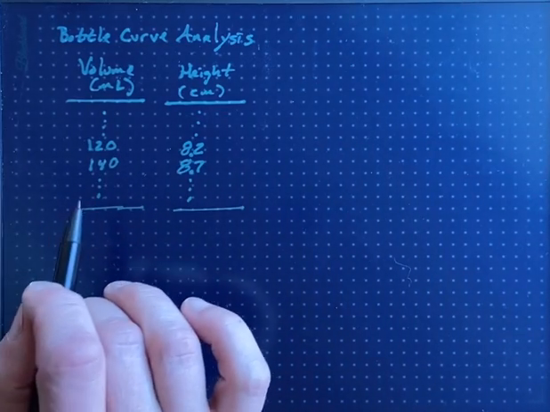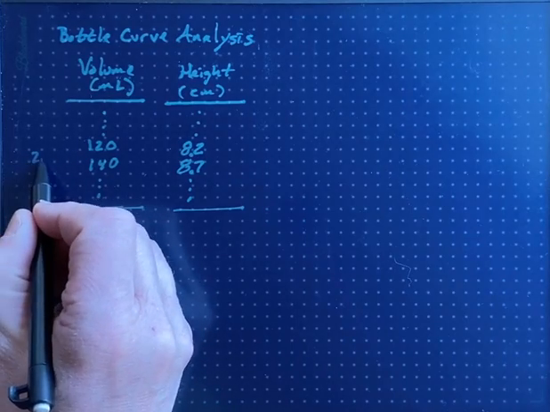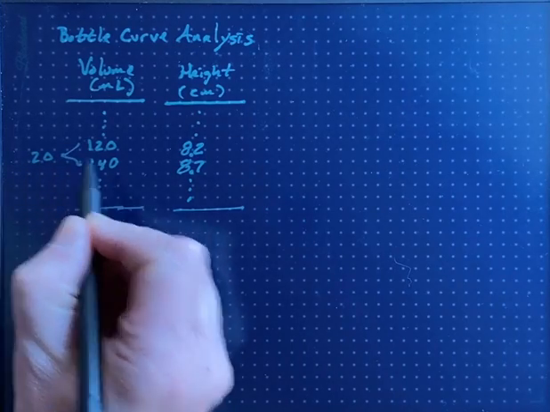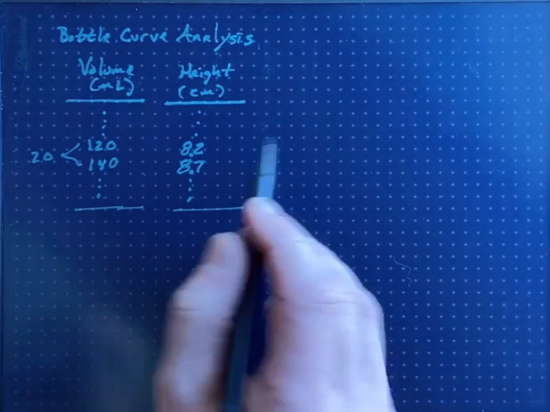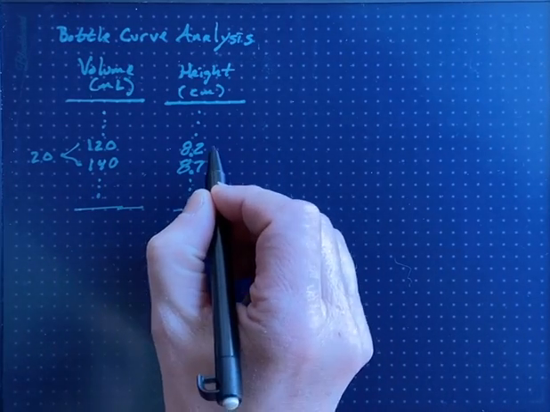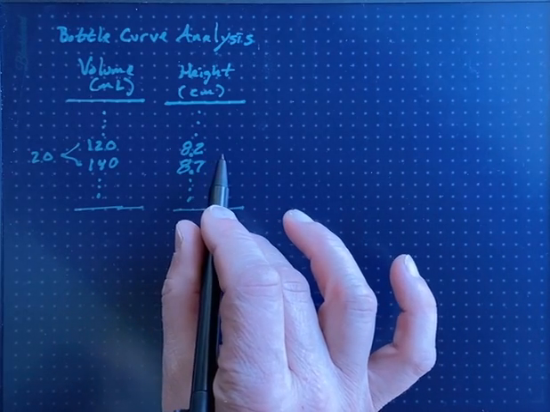So let's say midway through this process, you're adding 20 milliliter increments of water. So you go from 120 to 140. And at first the height level was 82 millimeters or 8.2 centimeters.